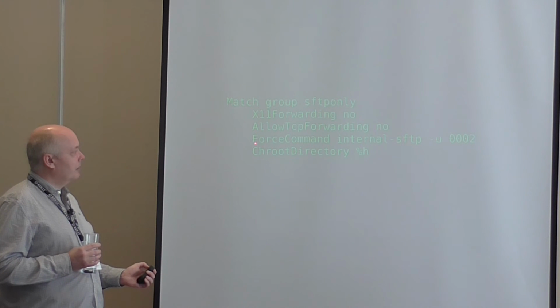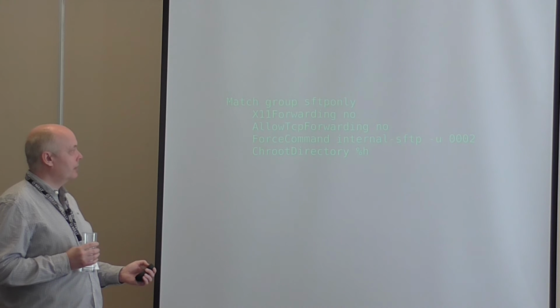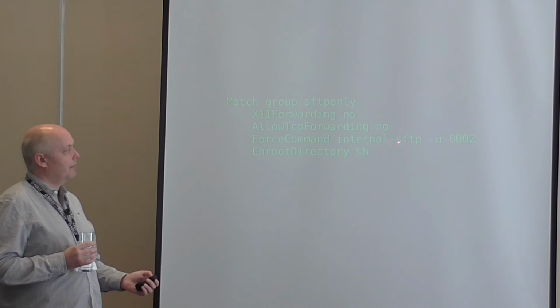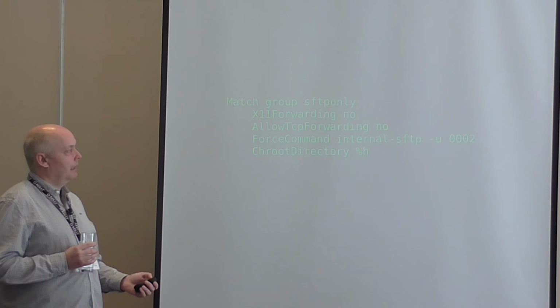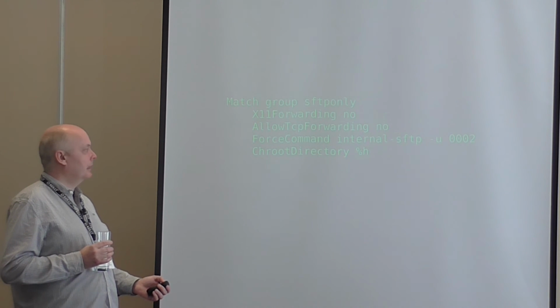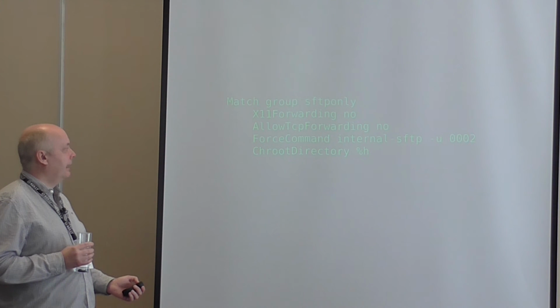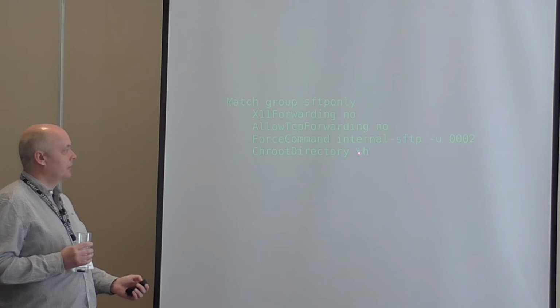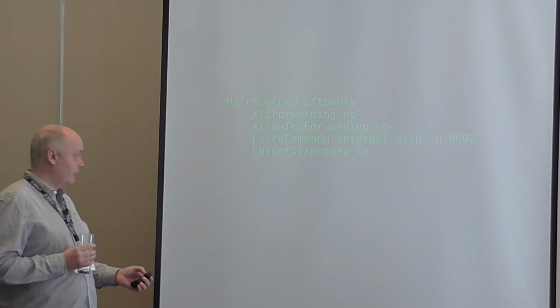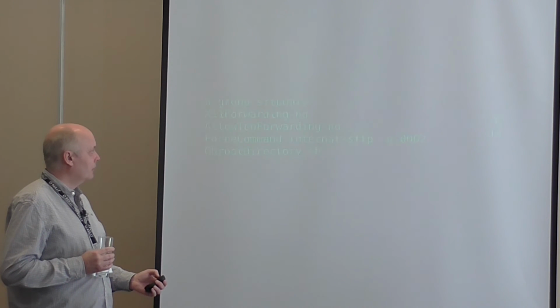It means that as soon as this user connects, whatever command you put here is run. So in this case, they fire up the subsystem for SFTP, and it gives them a fixed UID, and it does a chroot to their home directory. So that may or may not be useful.